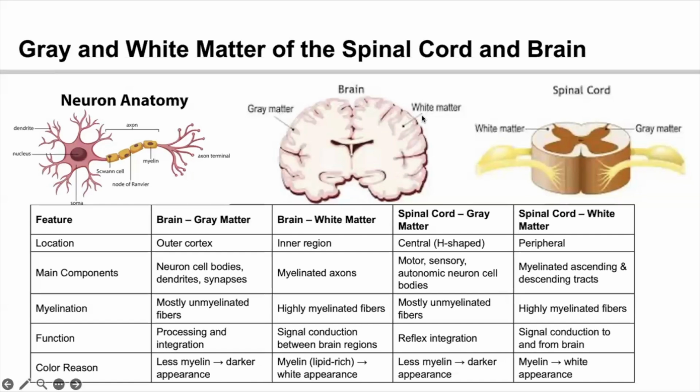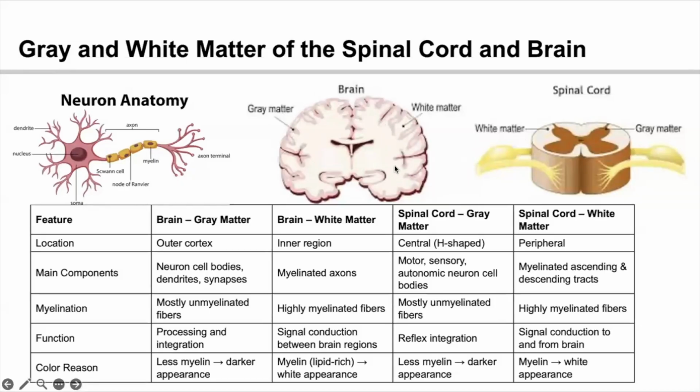This is showing you the cross section of the brain and spinal cord and the distribution of gray and white matter in both these structures. The function of myelinated and unmyelinated neurons is pretty similar, and we'll go into each part, brain and spinal cord, and how they work. But structurally, the distribution is very different between brain and spinal cord.